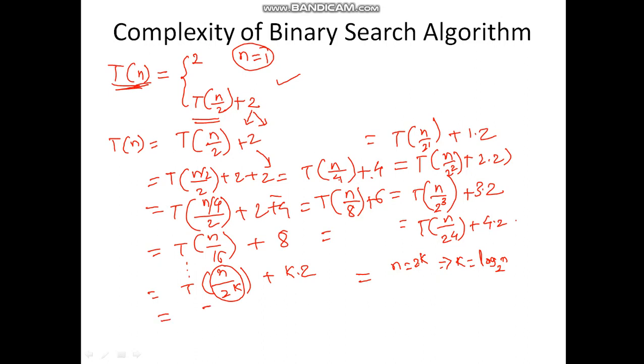So this becomes T of n by n is equal to 1, and k will be replaced in terms of n, and that is 2 into log n to the base 2. So it becomes 2 log n to the base 2 plus 2. If you find out the complexity of this equation, you will get it in terms of log n to the base 2. For this, you can refer to my videos on definitions of asymptotic notations.